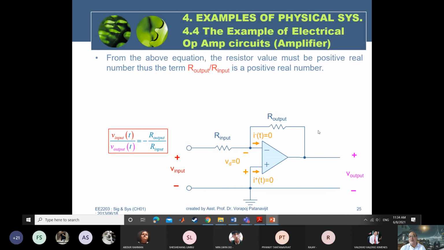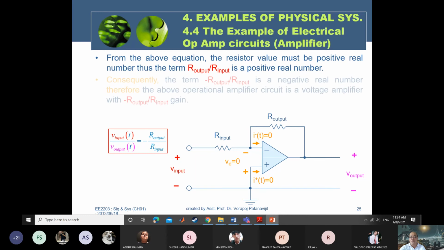From the above equation, the resistor values must be positive real numbers. Thus the ratio of R output divided by R input is a positive real number too. Consequently, minus R output divided by R input is a negative real number.